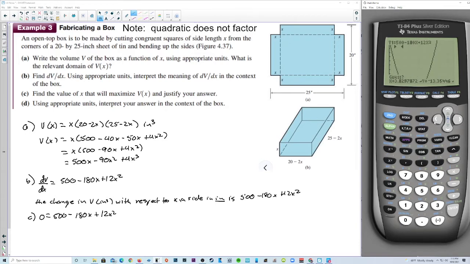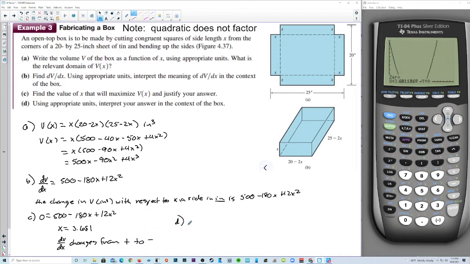There we go. And we'll back up. So x is equal to 3.681. Find the value of x that will maximize and justify your answer. dV/dx changes from positive to negative.